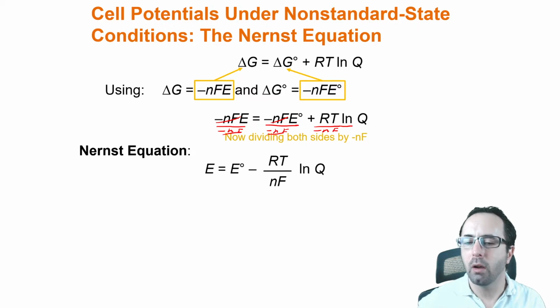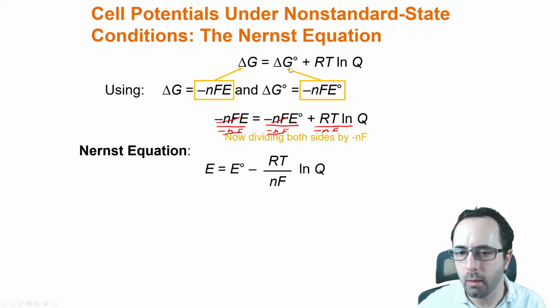If Q is very small, what that means is I have a lot of reactants and not a lot of products, so that reaction is likely to go forward. And so this must be a positive, because if I have a small Q, that makes this natural log negative, and so that makes this whole term negative, and that favors spontaneity.